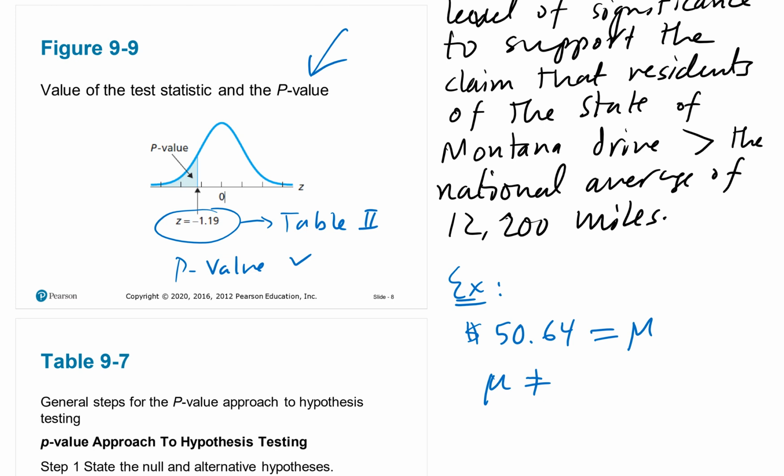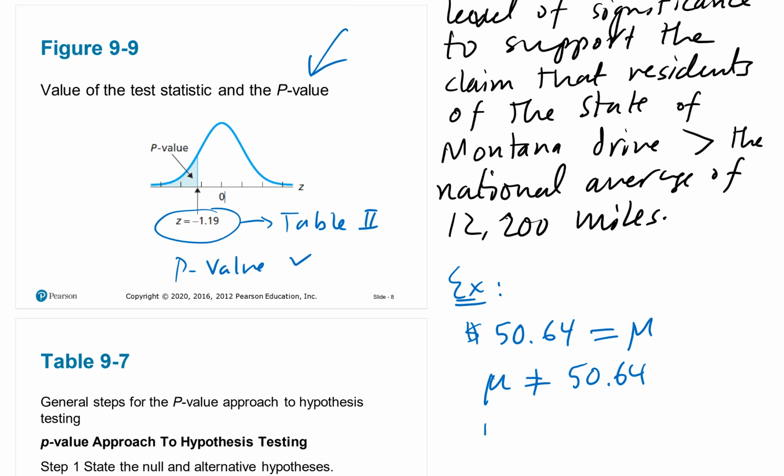So this is saying mu is different than 50.64. To test the claim, the researcher phones a simple random sample of 12 cell phone subscribers.